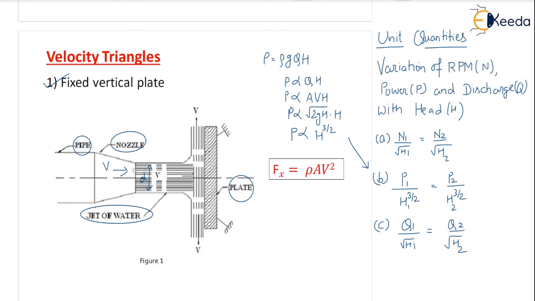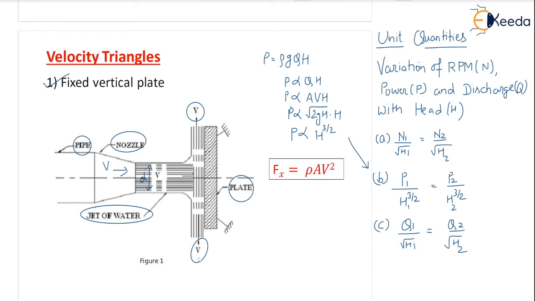After striking the fixed vertical plate, the water comes out with velocity V on both sides. So there is no case of introducing any angle here. It is a vertical plate, so the velocity will be V directly, no change.